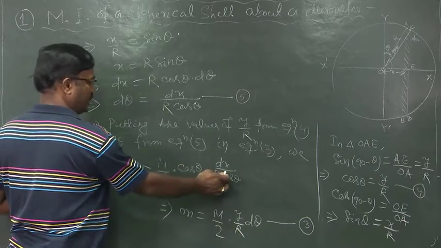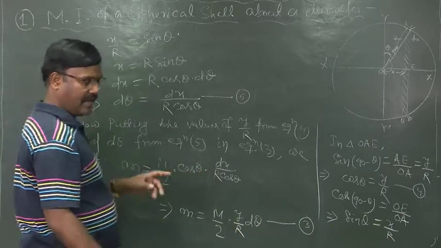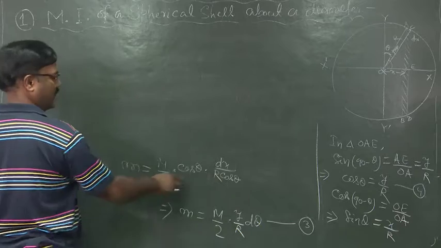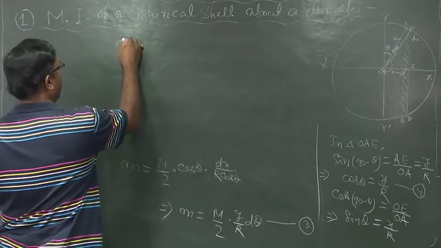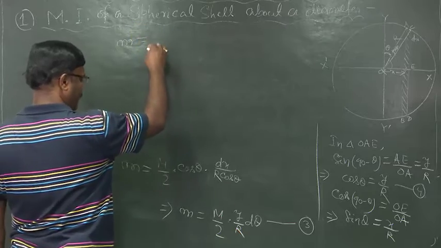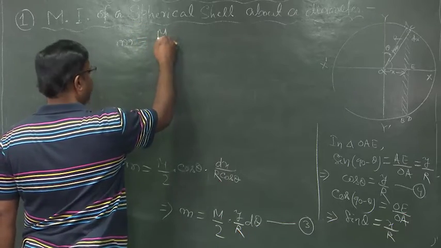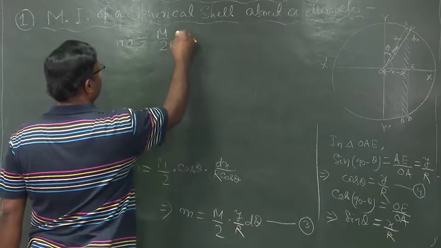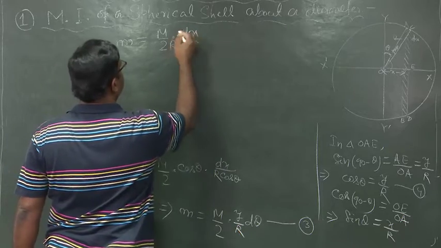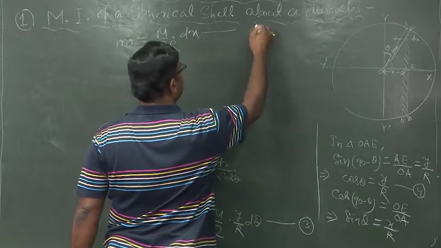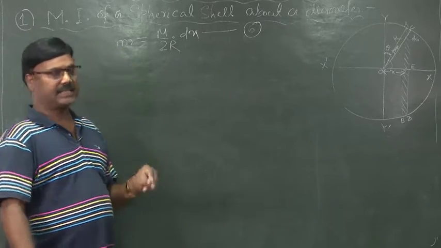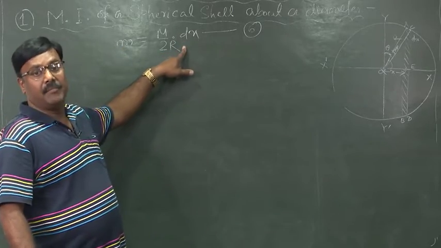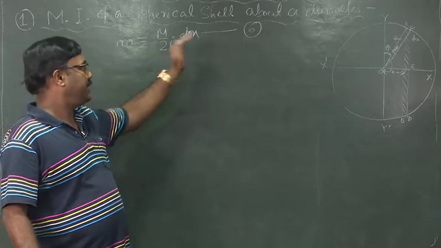Now on simplifying, cos theta gets cancelled and we get dm is equal to m by 2r into dx. This is equation 6.